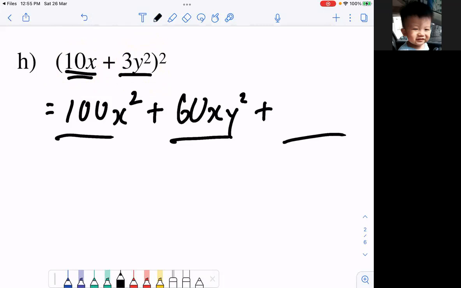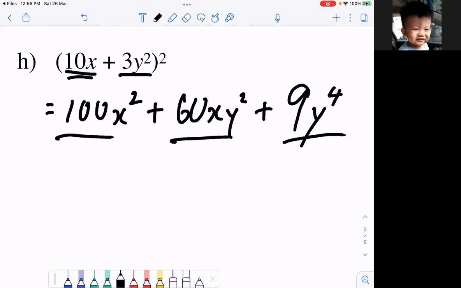Still cannot. Still cannot square 3y squared. Part by part, I'll do the number first. What is it? 9. Then do the algebra. Can I write it?